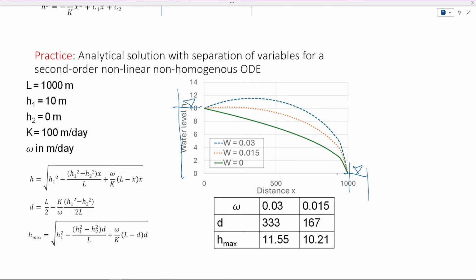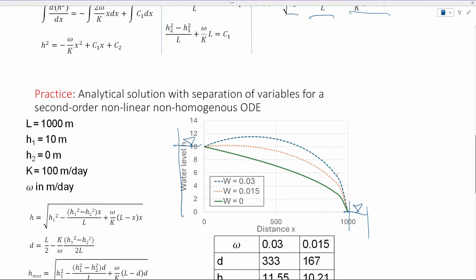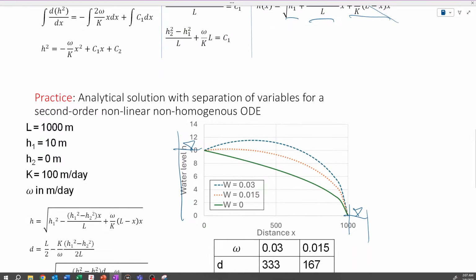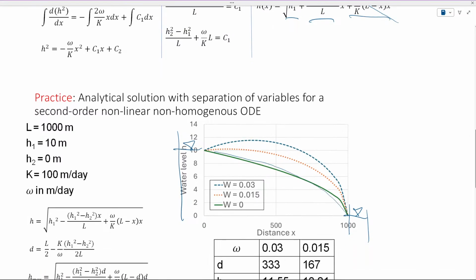When you have no recharge, this term will go away, and you see this non-linear relationship. Head here is high, head here is low. So flow goes from high energy, from high head, to low energy. So you'll see flow going in this direction, that will be the flow direction here.